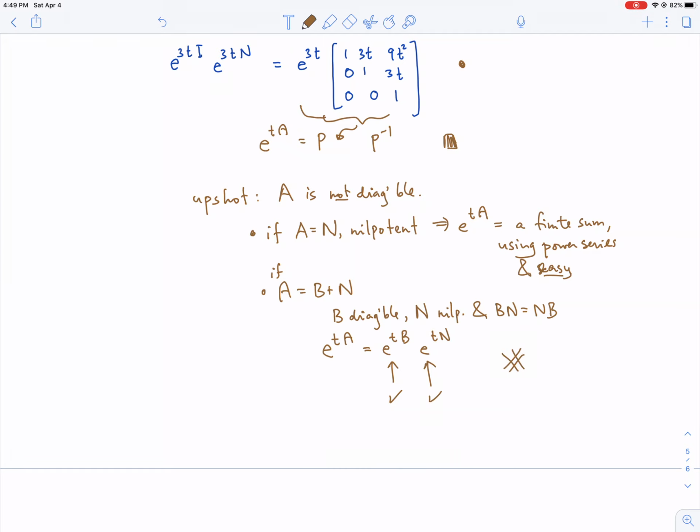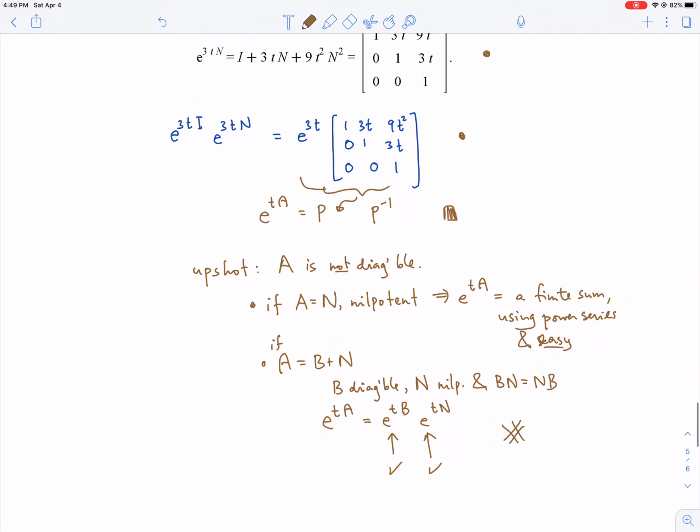Okay, so hopefully that gives you a feeling for what to do if your matrix is not diagonalizable.